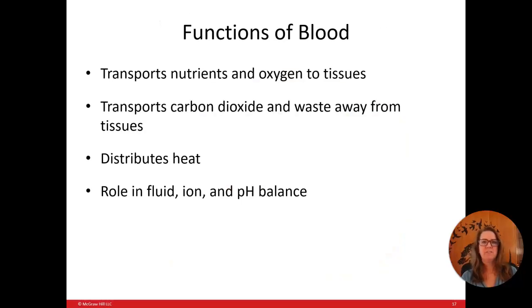Okay, functions of the blood. Number one, red blood cells carrying oxygen to the tissue. Blood is also carrying in it the plasma. So the plasma is full of nutrients. It's also carrying carbon dioxide and waste from tissues. So the blood is, we know, absolutely necessary for life. Now, blood vessels can alter so they can expand when it's hot outside, so we can eliminate more heat at the surface of our body.